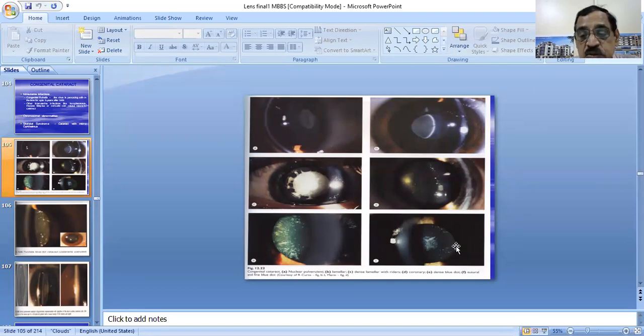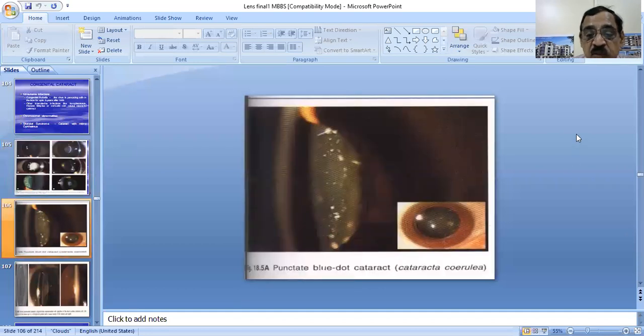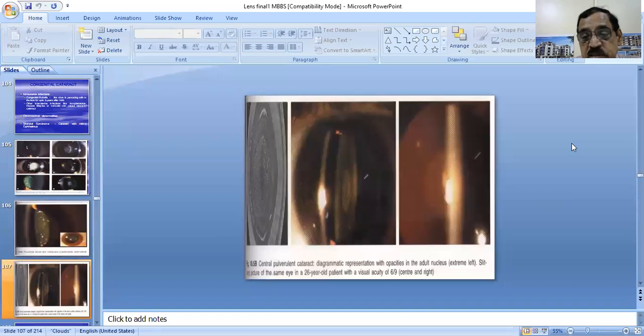So these are also punctate dots. And this punctate blue dot cataract, also called cerulean, and you see these opacities. And again, you have central pulverulent cataract, a diagrammatic representation of this.